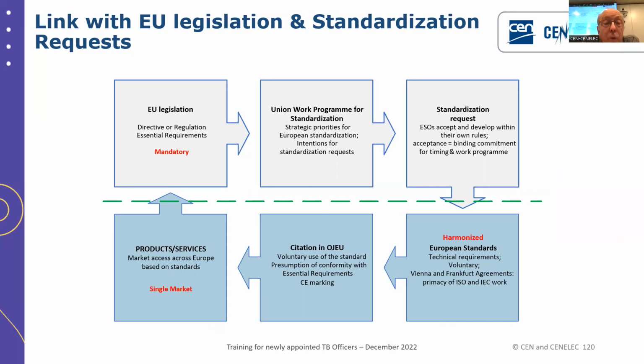In order to do this, there is, of course, a directive or a legislation, and then in the second box at the top, the Commission announces, on a yearly basis, what will be the coming standardization requests in a work program. So it gives you a kind of menu.